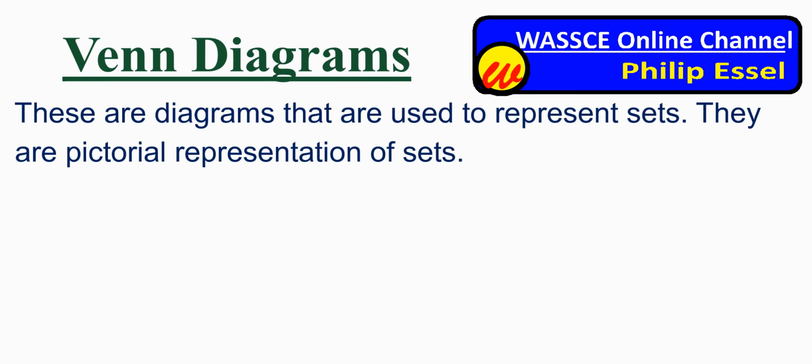So we can say that Venn diagrams are pictorial representations of sets. Let's take the set A. This set A contains the elements or members 1, 2, and 3. We can represent set A pictorially using the following Venn diagram.